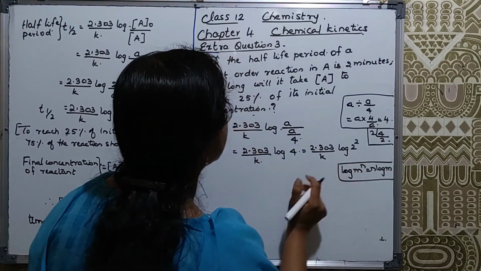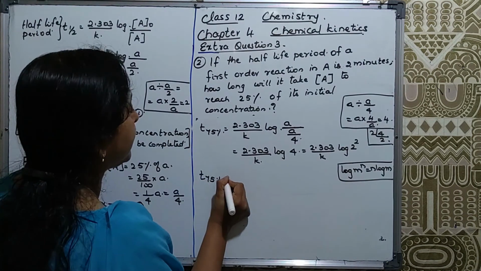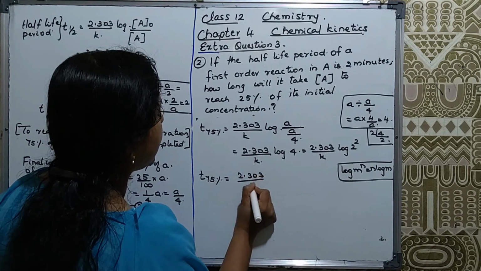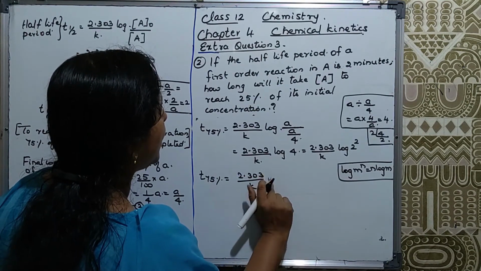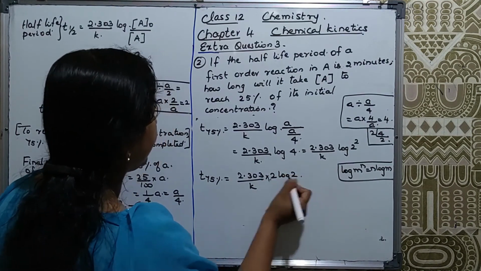So this is 2 log 2, and we write T 75% equal to 2.303 divided by K into 2 log 2.